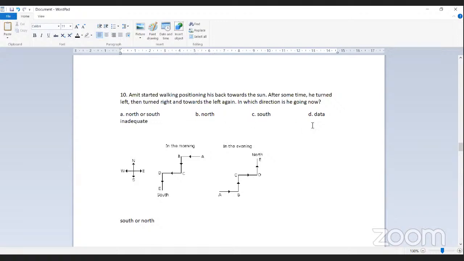North, south, data inadequate. Essentially it is data inadequate, but besides the condition not being given, your answers will be only north or south. No other answer you'll get. This would be the correct answer. Not just getting the answer, you should know that it is the correct answer out of the options given. Any doubt?